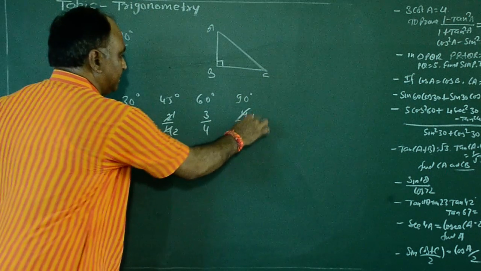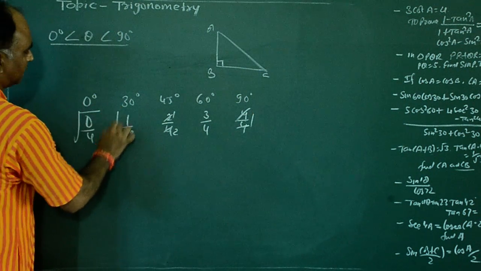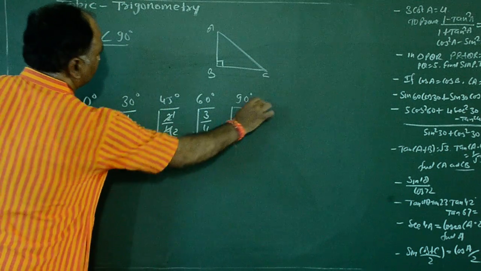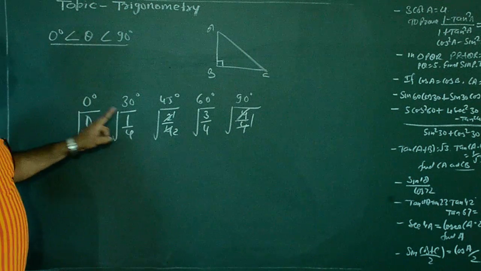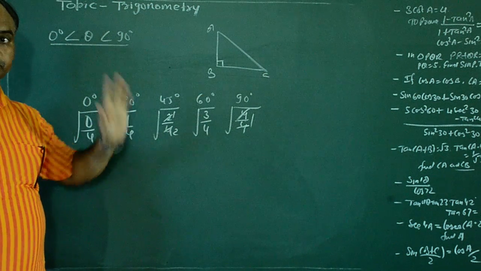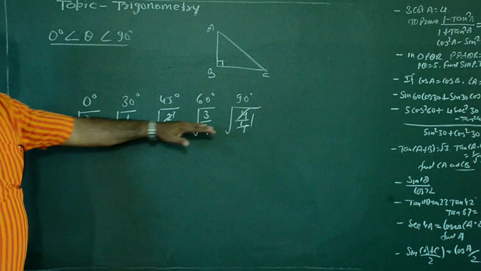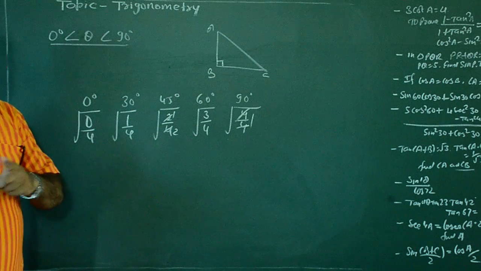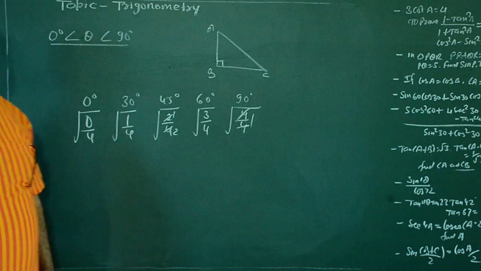Then we find the square root of all these numbers. So what is the procedure? First we put 0, 1, 2, 3, 4. Then we divide all these numbers by 4. Then we cancel the number and finally we find the square root of all these numbers.